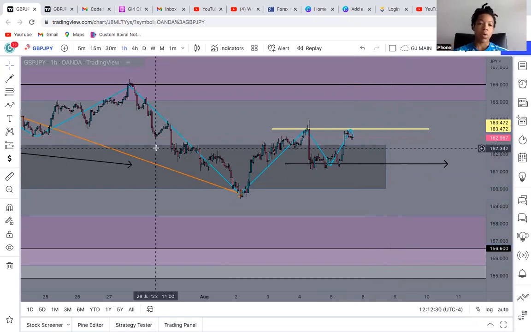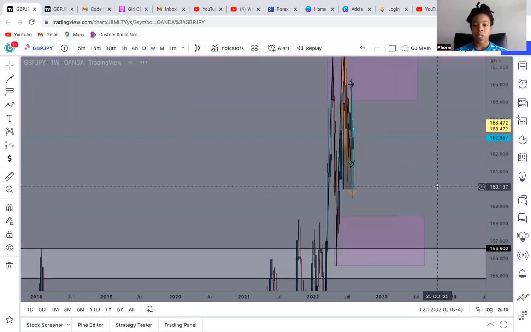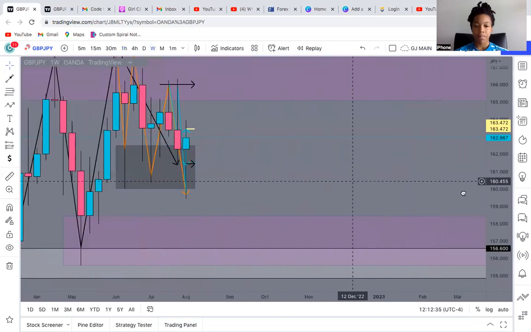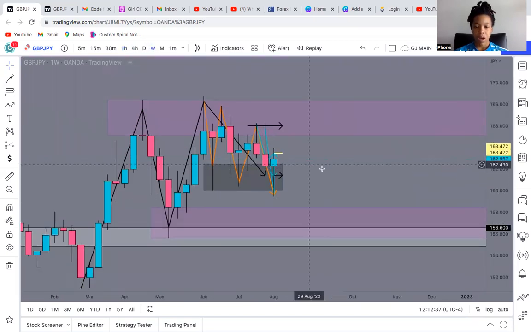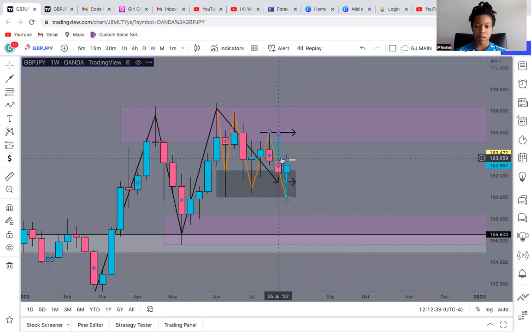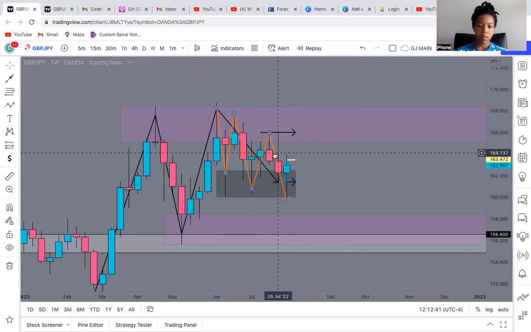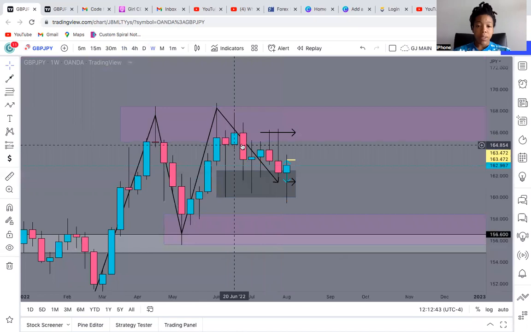Also, taking a look at our weekly chart, I'll get rid of these lines here.